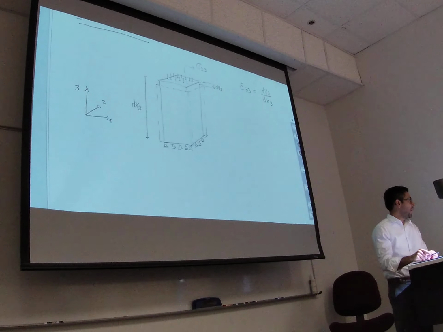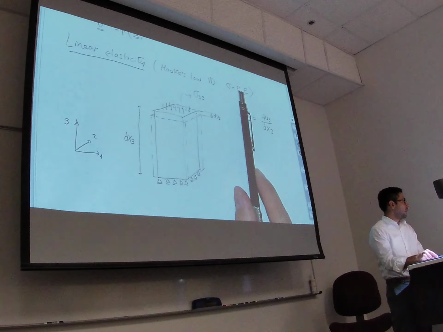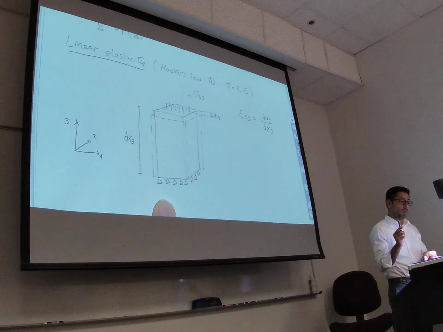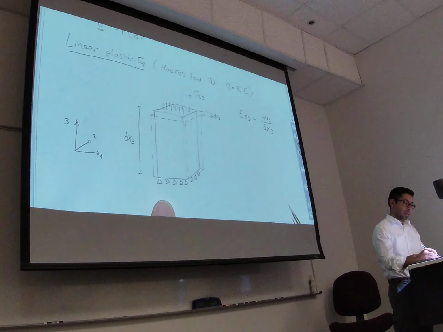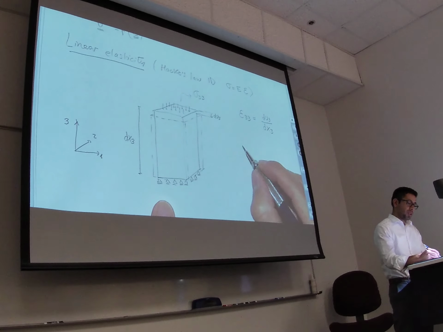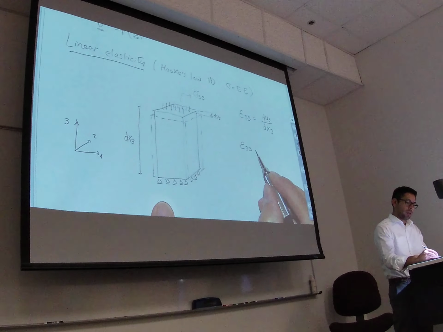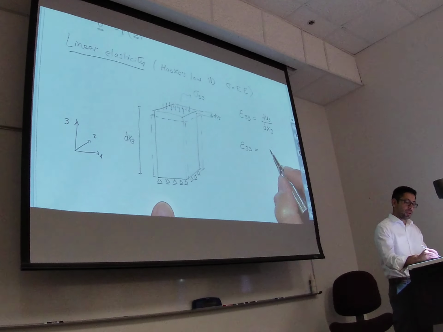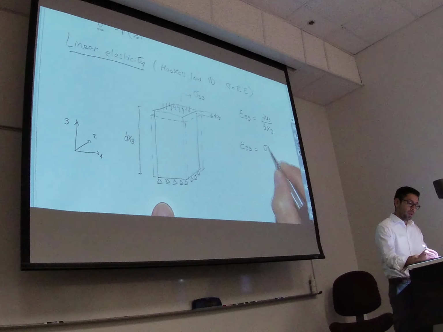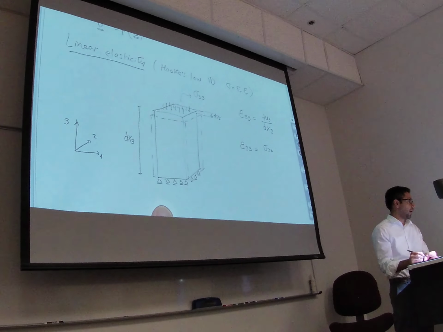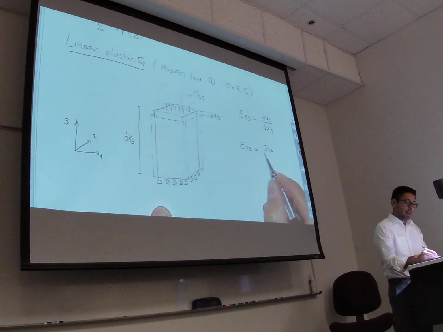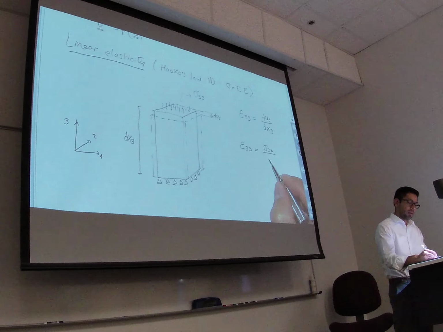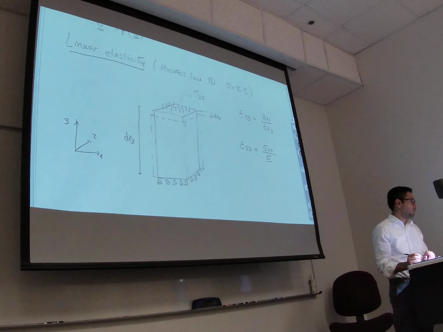And by analogy with Hooke's law for one dimension, I'm going to say that the strain that I cause here is going to be proportional, it's the same equation as this one on the top, to the value of the stress applied on that face, and inversely proportional to the Young modulus.